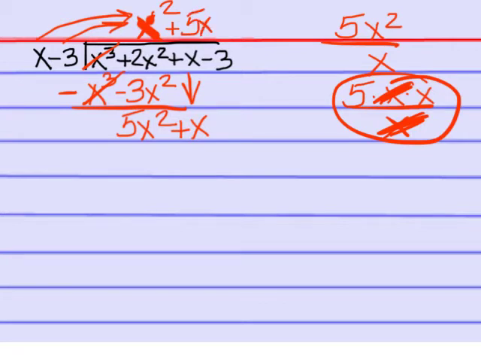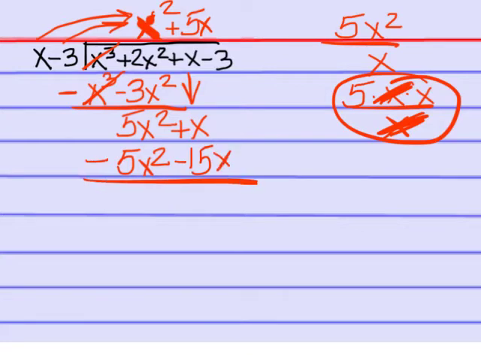5x. And now I have to go back and do multiplication again. 5x times x is 5x squared. And then 5x times the minus 3 is minus 15x.